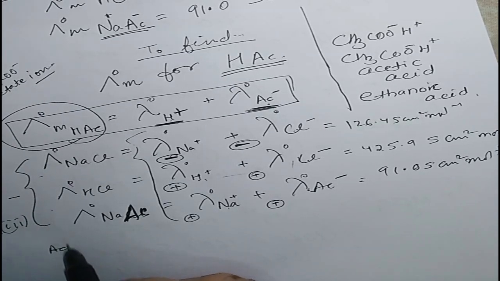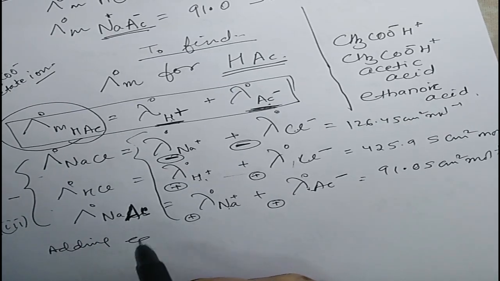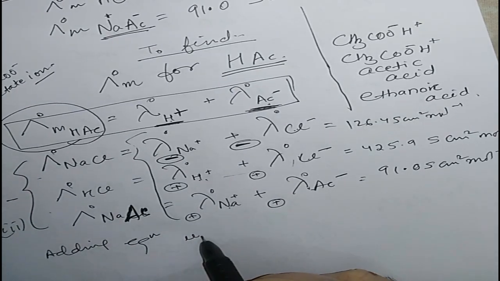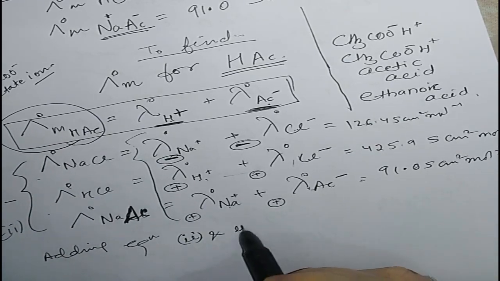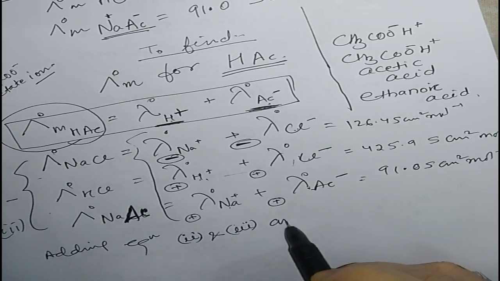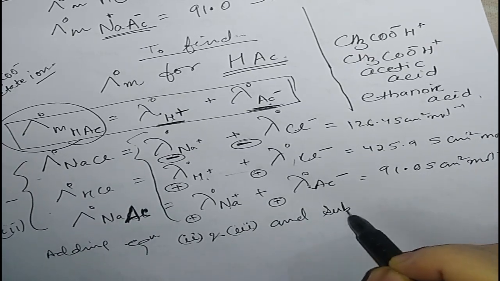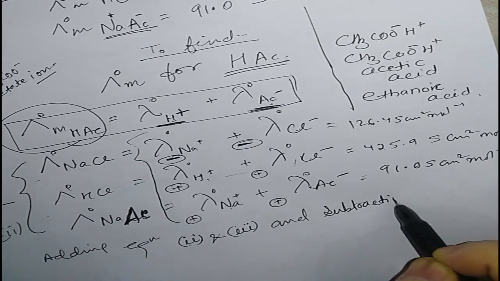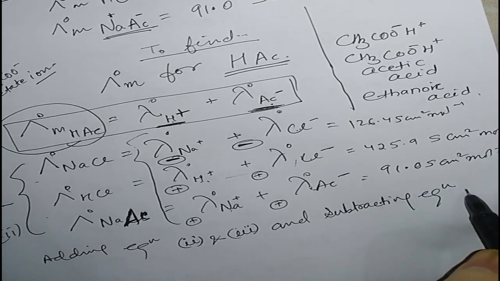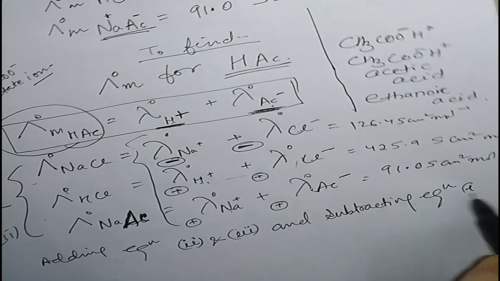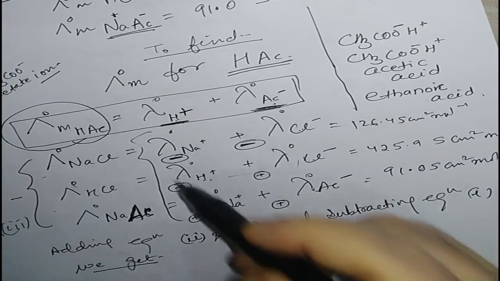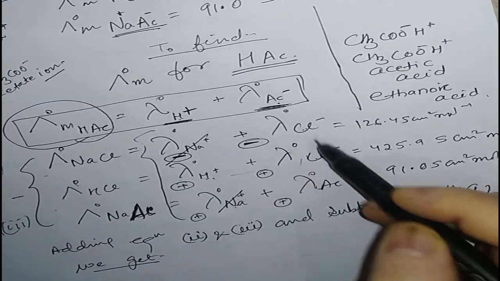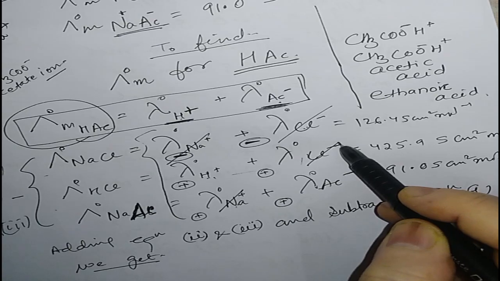So adding equation 2 and 3 and subtracting equation 1, we get this and this cancelled, this and this cancelled.